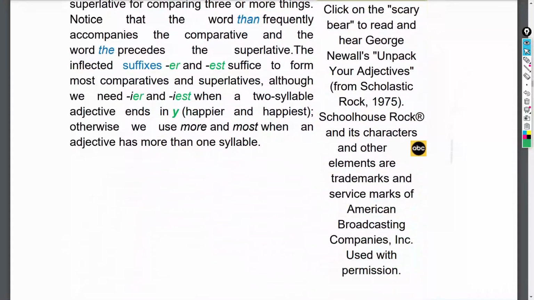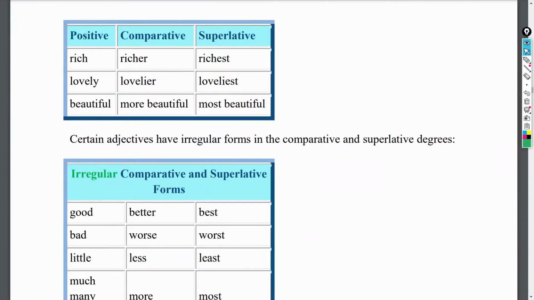Let us see the example now. So these are the regular degrees: rich, richer, richest. So this is the adjective and this is the positive degree, the first one. Second one, the suffix er is added in order to make it comparative. Suffix est is added in order to make it the superlative degree.